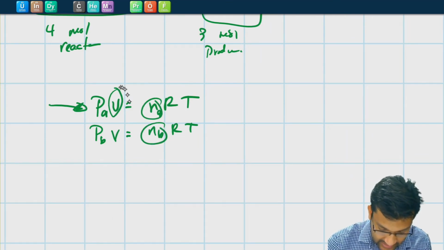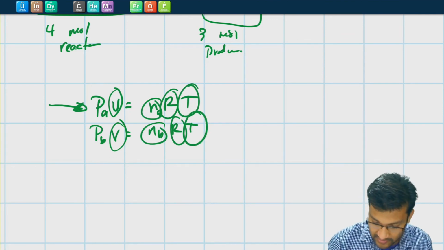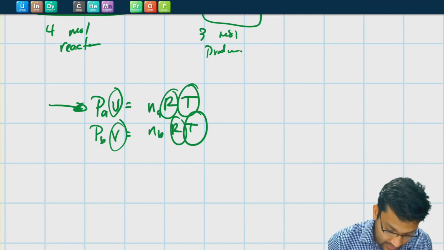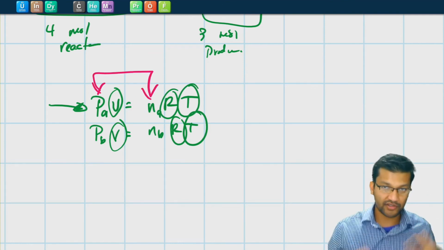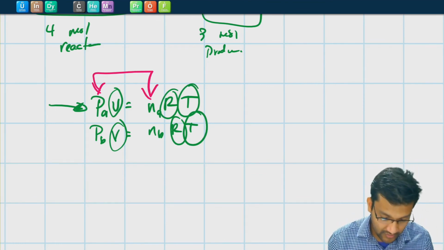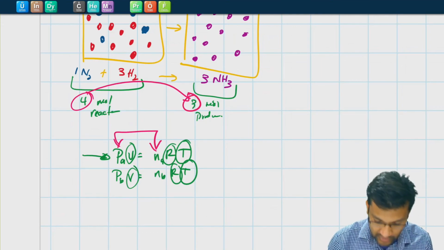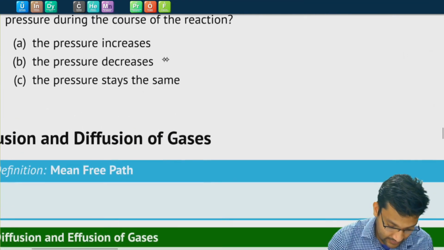Because the volume we said is kept constant, R is kept constant, and we could assume that T is also kept constant. So the pressure and the number of moles are directly related in this example. So if the number of moles go up, the pressure should go up. If the number of moles go down, the pressure should go down. But as this reaction happens, the number of moles go down, so the pressure should decrease.